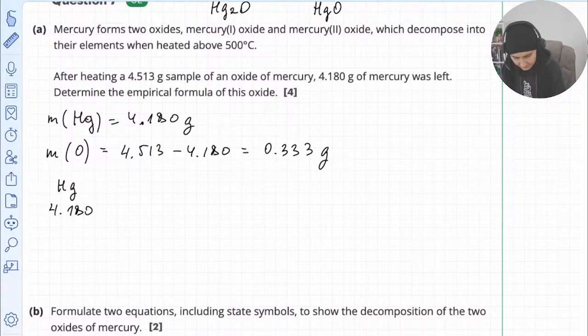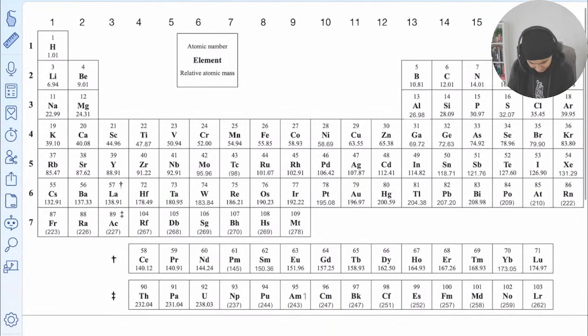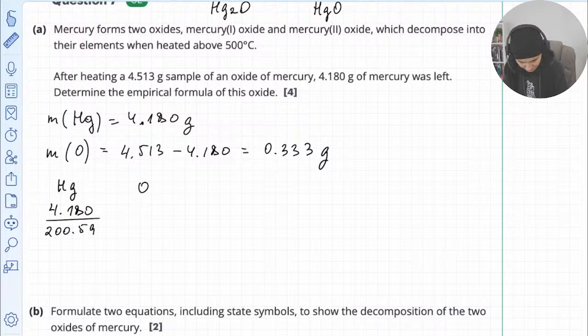Now I convert it to moles. Mercury would be 4.18 divided by molar mass. Where is it? Hg. Can't find mercury. There, 200.59. And oxygen is 0.333 over 16.